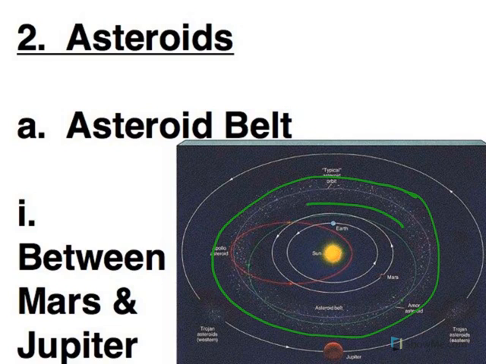So on this picture here, it's represented as this swath of dots. Here we see where Mars is, here we see where Jupiter is. And so this belt of asteroids is found between these two planets. And the asteroids orbit around the sun just like the planets do.